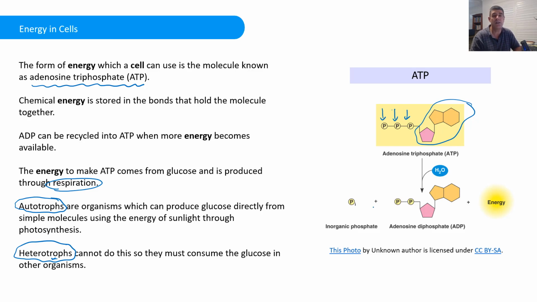It's the bonds between them that are the high energy bonds. It's one of those that breaks and releases the energy held in that bond, which can therefore be used for different types of chemical reactions within cells. You see that the form we get from the ATP is ADP and an inorganic phosphate group, and I have talked about that in a previous video.